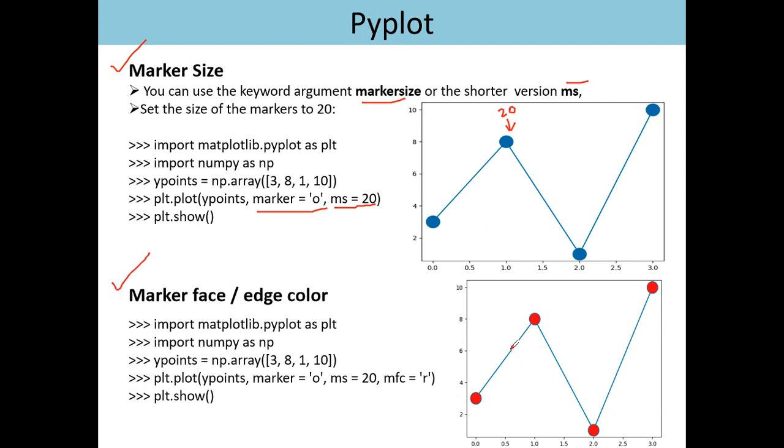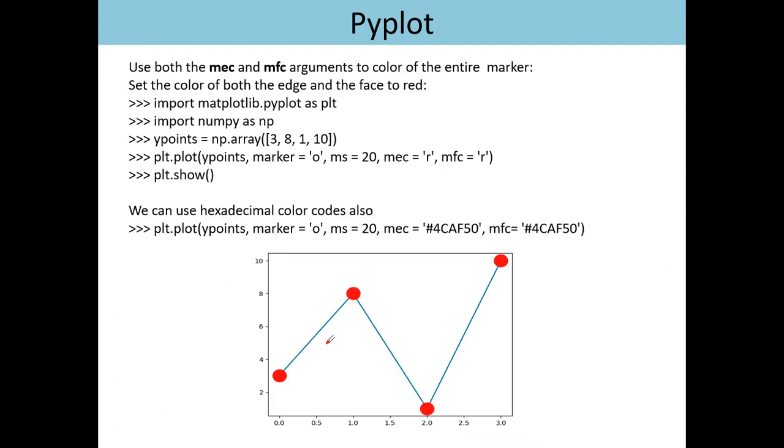So what is marker face and edge color? Marker face and edge color is just like the inside thing and the border. The inside color and the border color. See here, MEC, edge and outline, and MFC, face and fill.